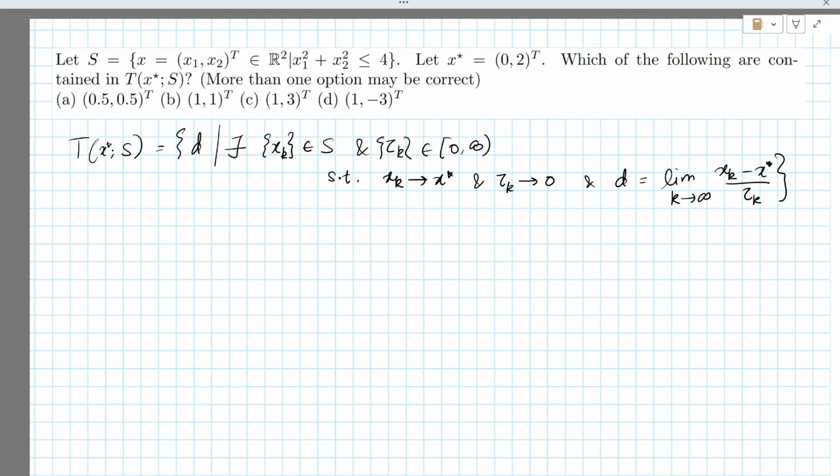But we need not find such things. A simpler, more intuitive way to understand this: we have some convex set, and if we have a point here, then we have a tangent.